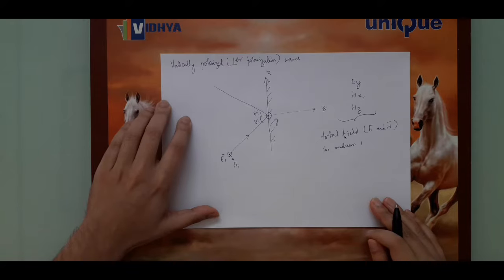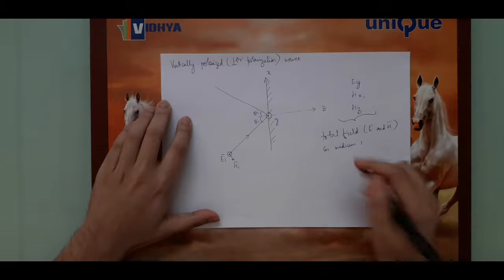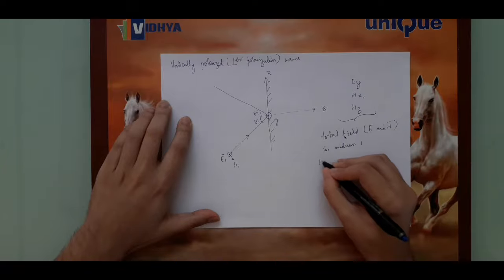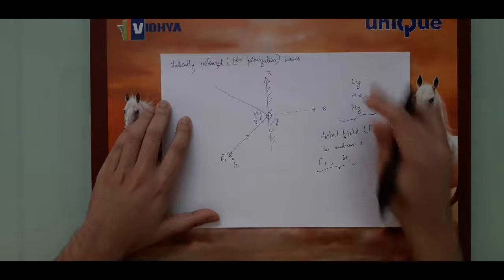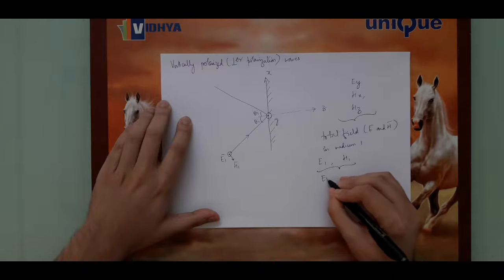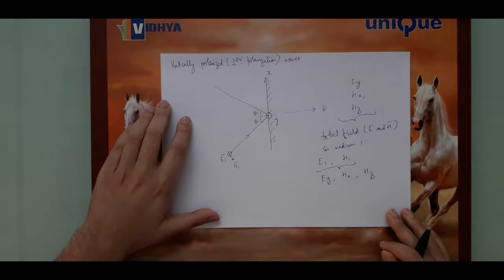These components were denoted as E1 and H1, and these have the same components as before: the Ey component, the Hx component, and the Hz component.